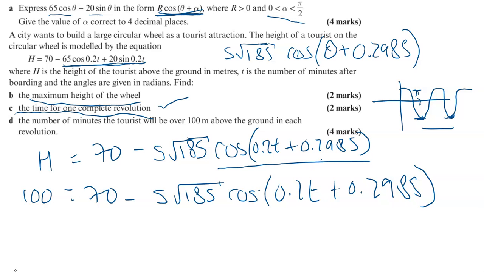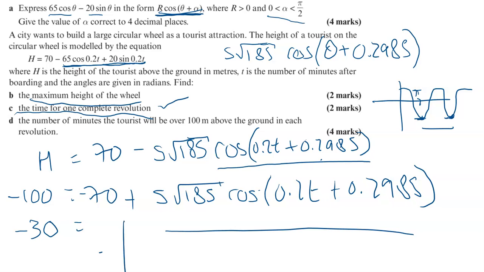So what you'll want to do is add that to that side and take that away. So all of this, let's just do change of sign. So that's minus, that's plus. That's a lot easier. Now we can add the 70 to both sides and say minus 30 equals all of this. Divide by the 5 root 185, inverse cos, take that away, divide by that, work out your value of t, and of course there'll be two values of t.